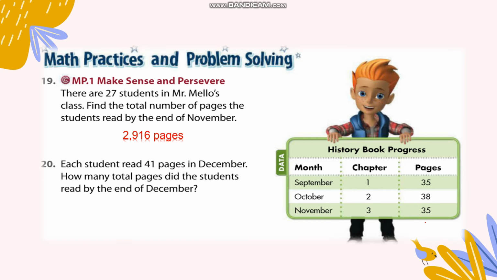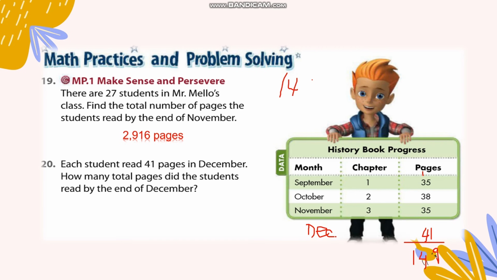Number 20. Each student read 41 pages in November. So there is another 41 pages in December. If I'm going to add 41 for December, this is 18, 19, regroup 1, so 9, 10, 14, so 149.